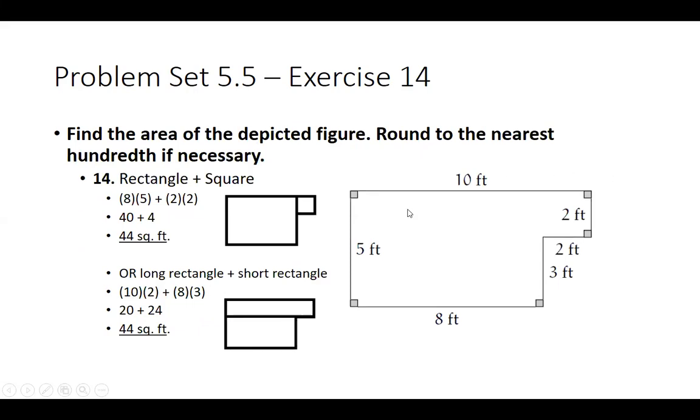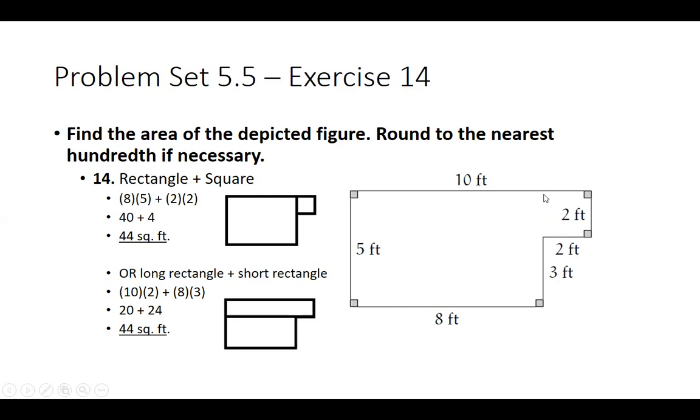In number 14, we're given this figure and we're asked to find the area of the depicted figure and round to the nearest hundredth if necessary. Now, I'm showing that there are two ways that we can split this figure up.